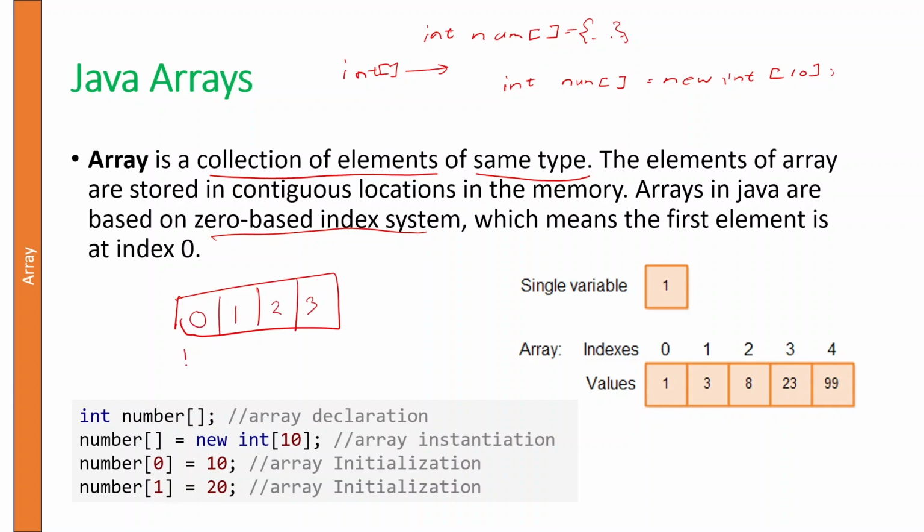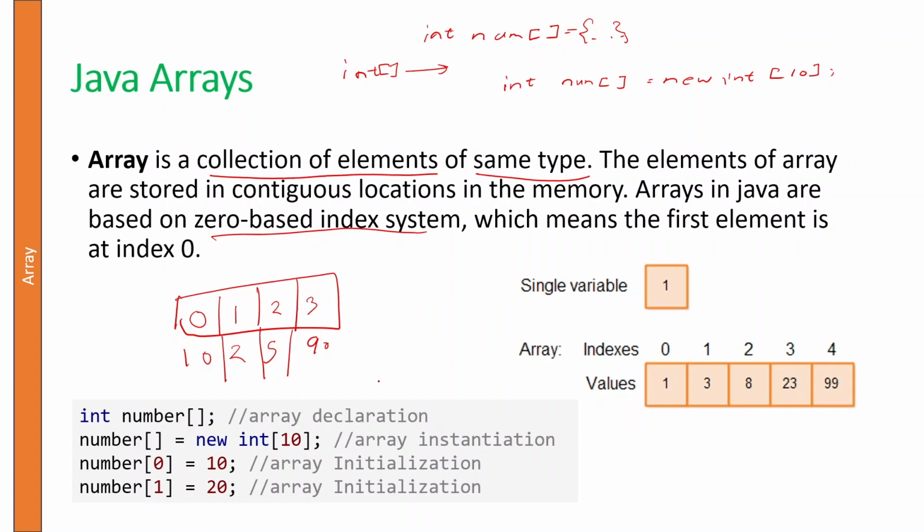Values will be something else, for example 10, 2, 5, 90, something like this. No issue, right? But the index always starts at 0. You can see we have indexes, not values. So the 0 index value is 1, the first index value is 3, the second index value is 8, the last index value is 99.